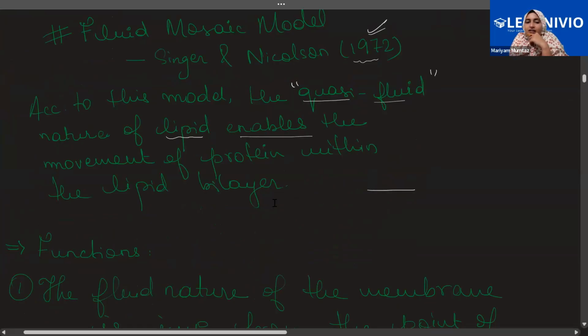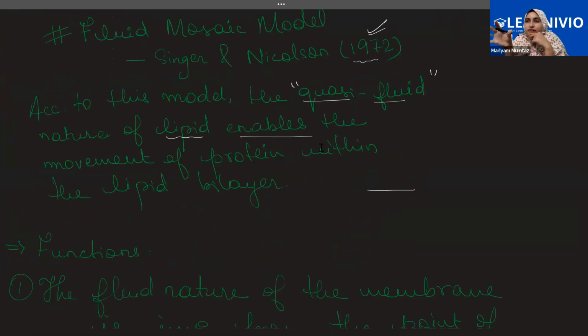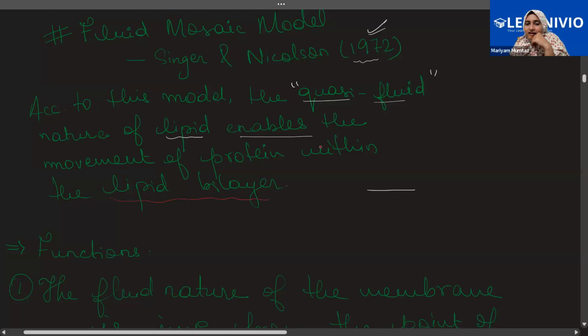Because of this, the integral protein and the peripheral protein that I told you about can move to and fro in the plasma membrane. Why? Because the lipid bilayer has a semi-fluid structure, and the proteins embedded in it can move because it is fluid.